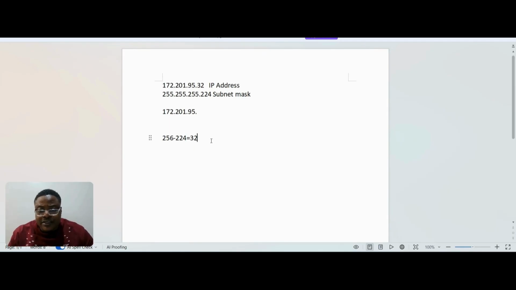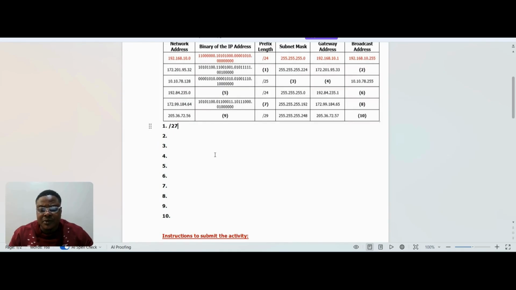We have to get as close as 32, but since it's 32, we minus 1. The rule says you have to get as close as the number there, minus it by 1, which gives 31. So the IP address is 31. That's the answer. I'm going to put it here.